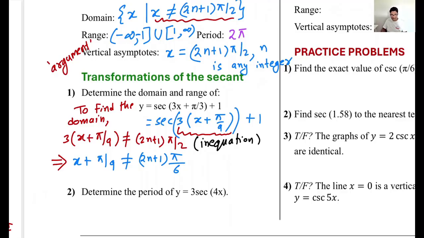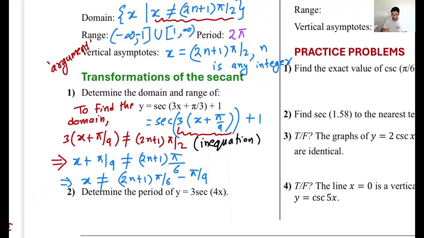Okay, I divided by 3 on both sides, so you have pi over 6 now there. And that gives you x is not equal to 2n plus 1 pi over 6 minus pi over 9.